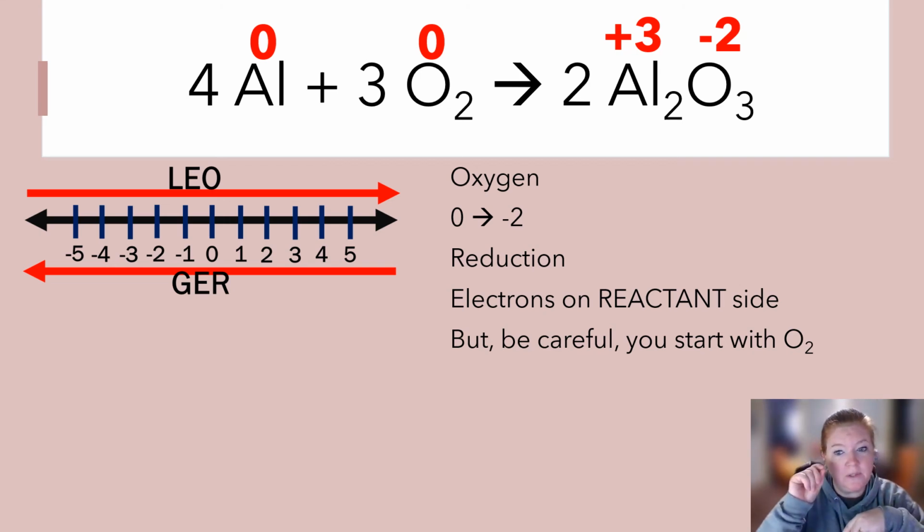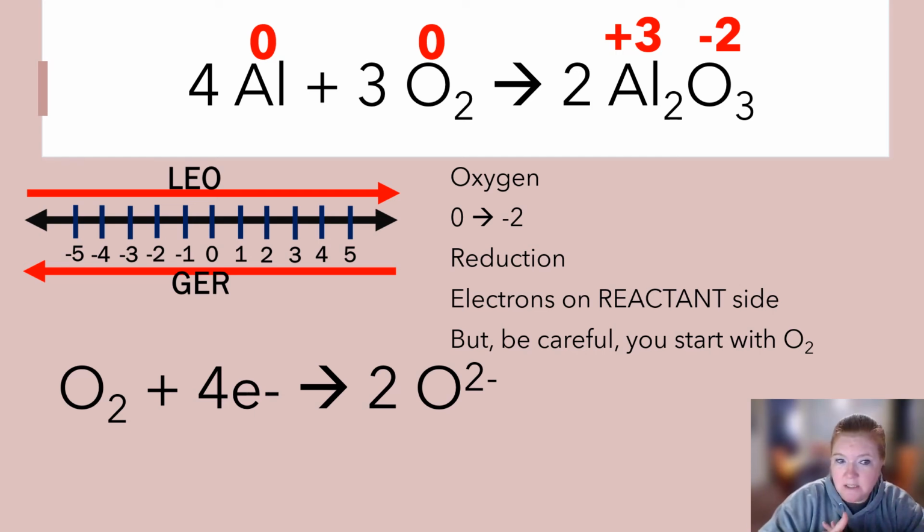But we started with 2 oxygens because we had an oxygen atom and an oxygen atom bonded together, diatomic. So when we write our half reaction, we have to use O2. So like this: if one oxygen gained 2 electrons, then 2 oxygens together would gain 4.